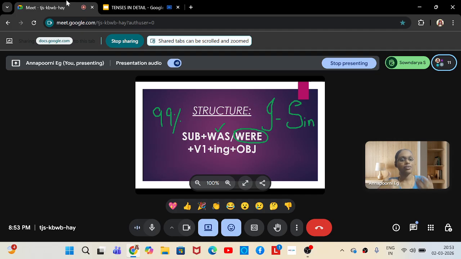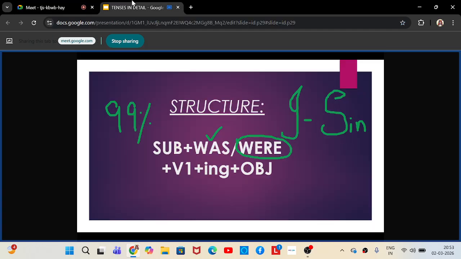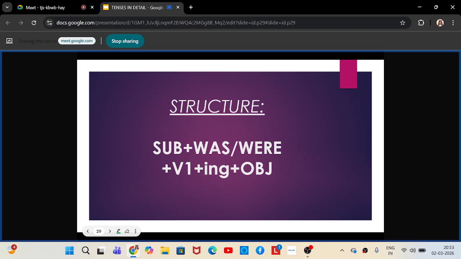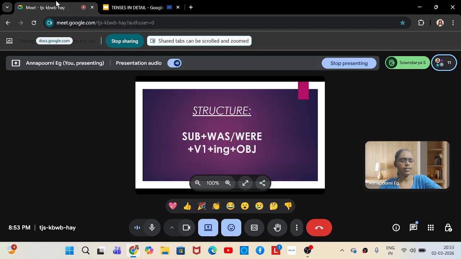So this is where we write "I were," and such situations are called hypothetical conditions. Except in this case, in the rest of the cases, it is always "I was." Is it clear? Any doubts?